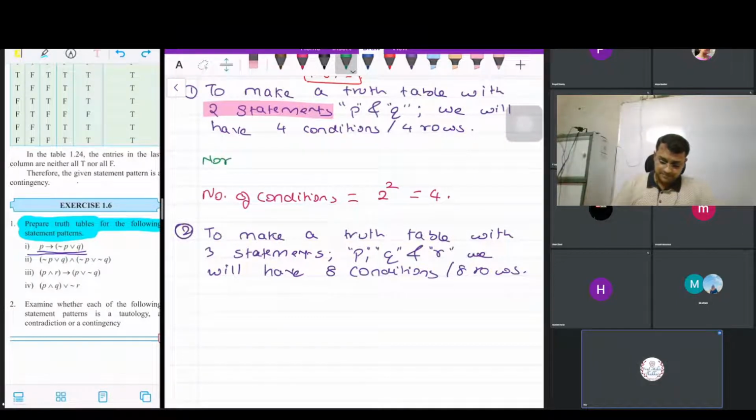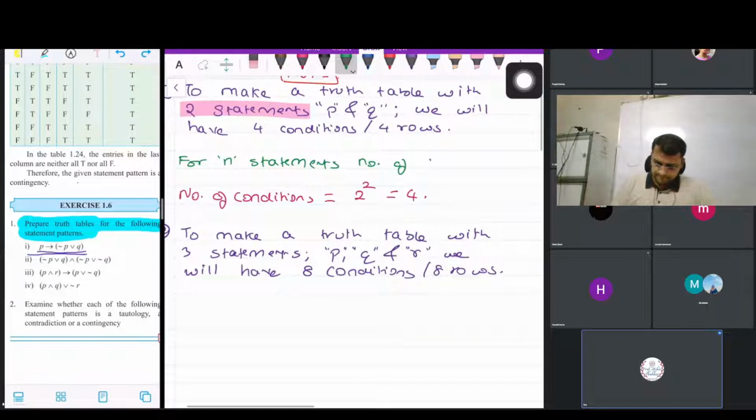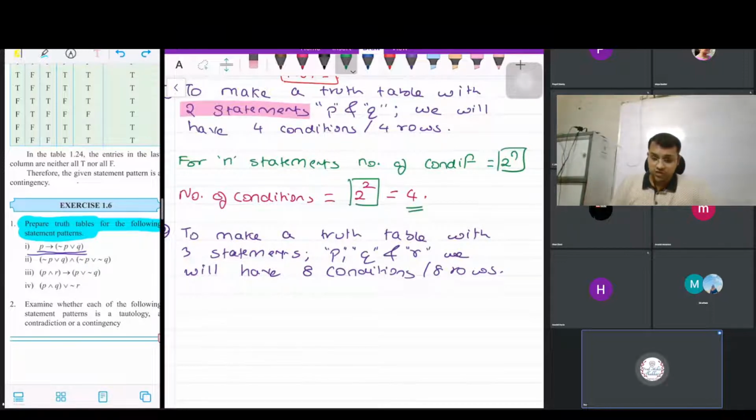For n statements, the number of conditions is equal to 2 raised to n. So in such a case, for two statements, the number of conditions is going to be 2 raised to 2, which is equal to 4.